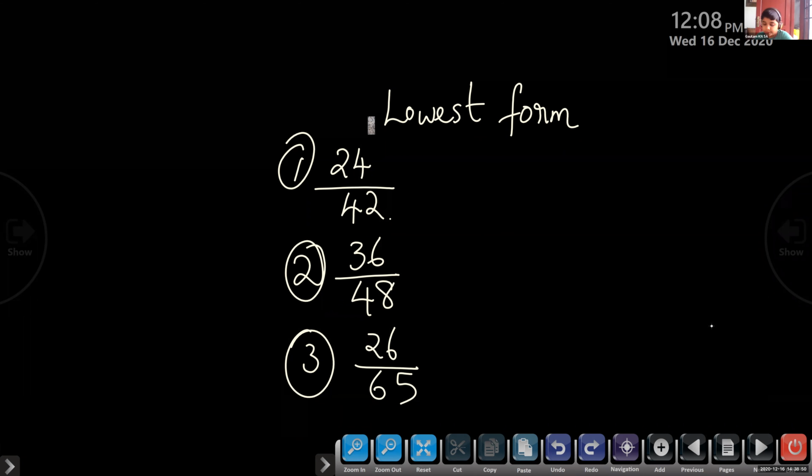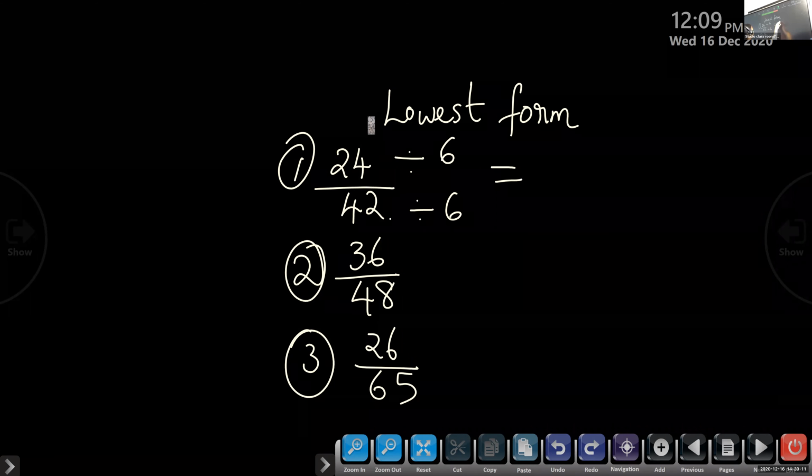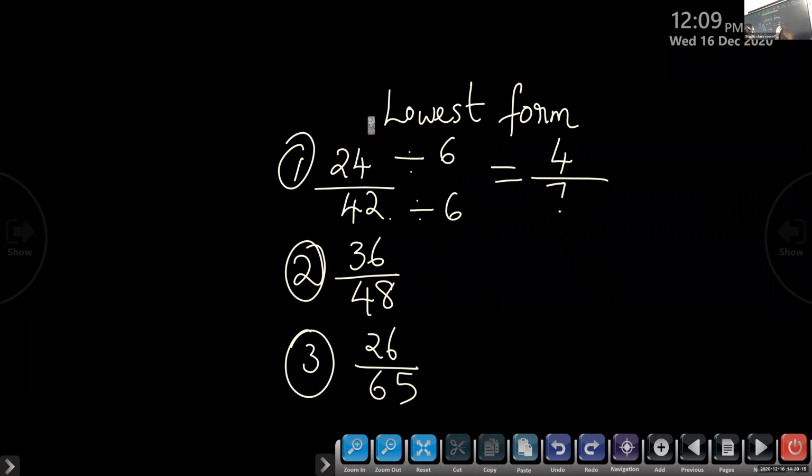Ma'am, the answer is 4 by 7. Wait, first let me finish with the first one. Children, which is the highest common factor here? 6. We can divide by 6. 4 by 7: 4 sixes are 24, 7 sixes are 42.